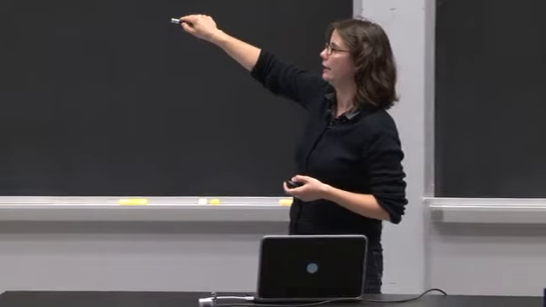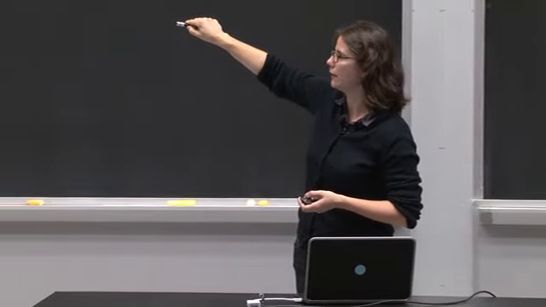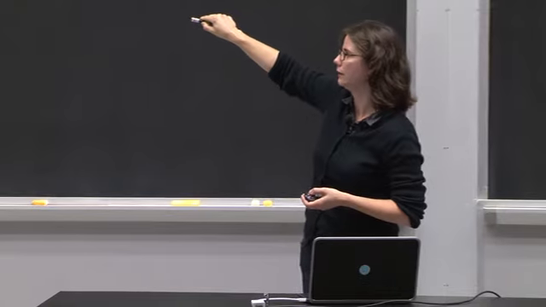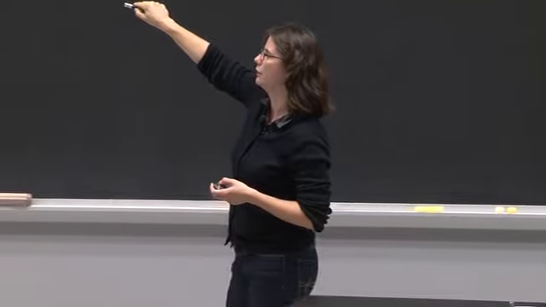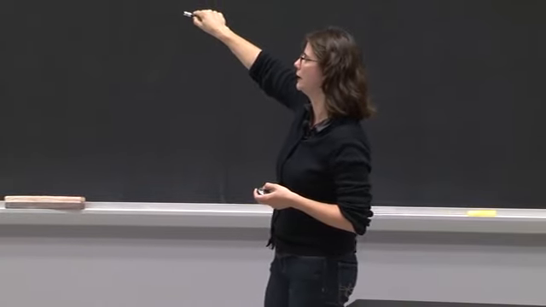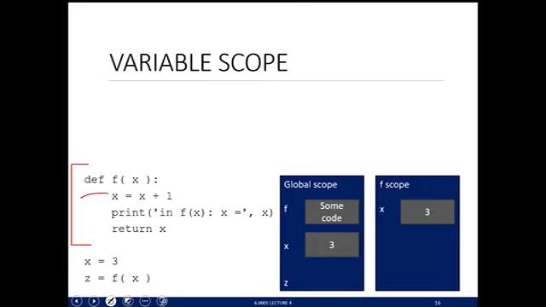The first thing you do is map the parameters. I'm calling f(x) with 3, so I'm mapping every one of the parameters in the definition to their values. So x gets the value 3. The next line here is x = x + 1. We're still inside the function call f, so x gets the value 4.